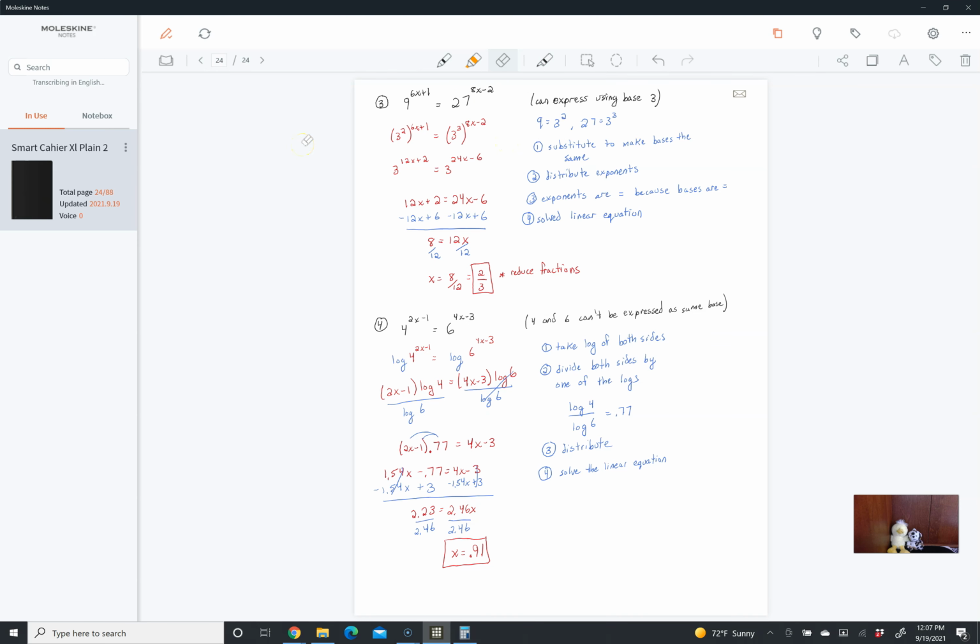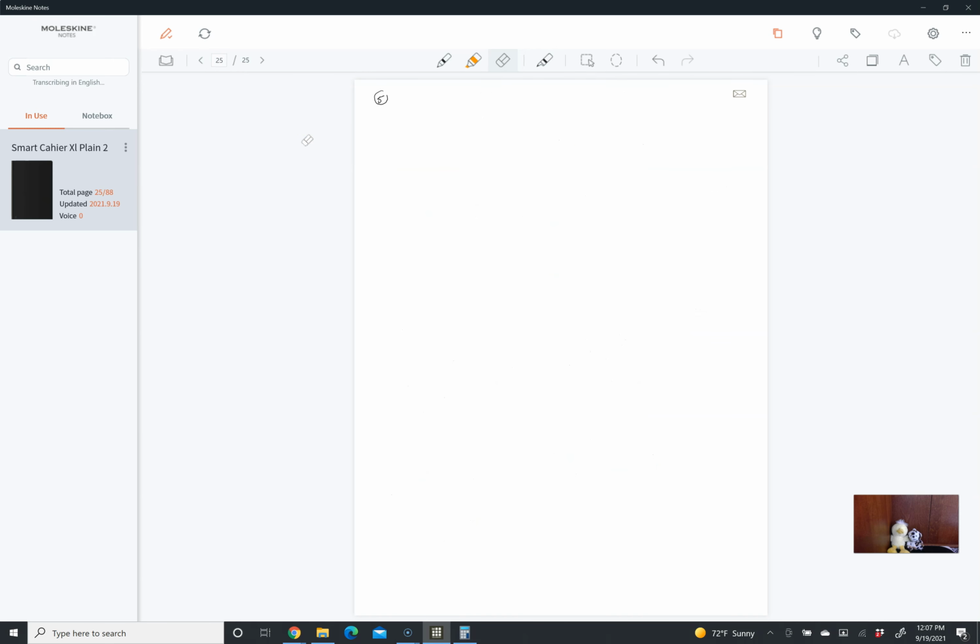So in the last one that we do, we have e to the 2x minus 3 is equal to 5 to the 3x minus 4. So again, can't be expressed with the same base.